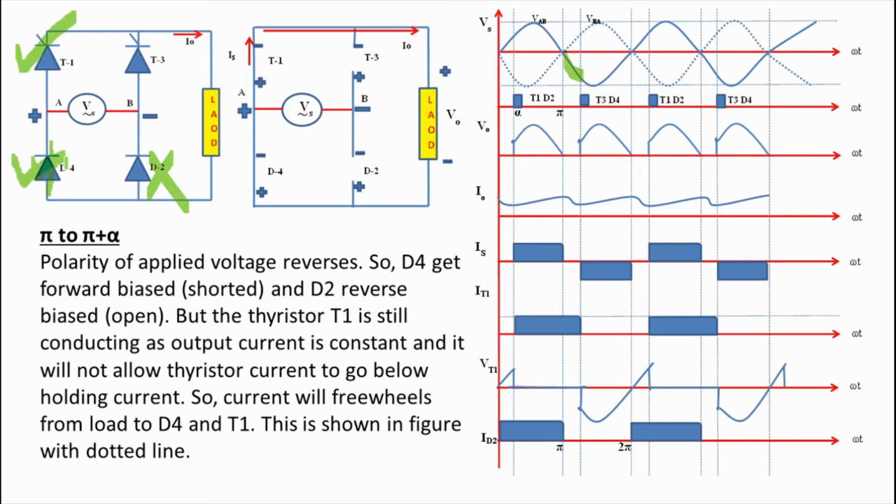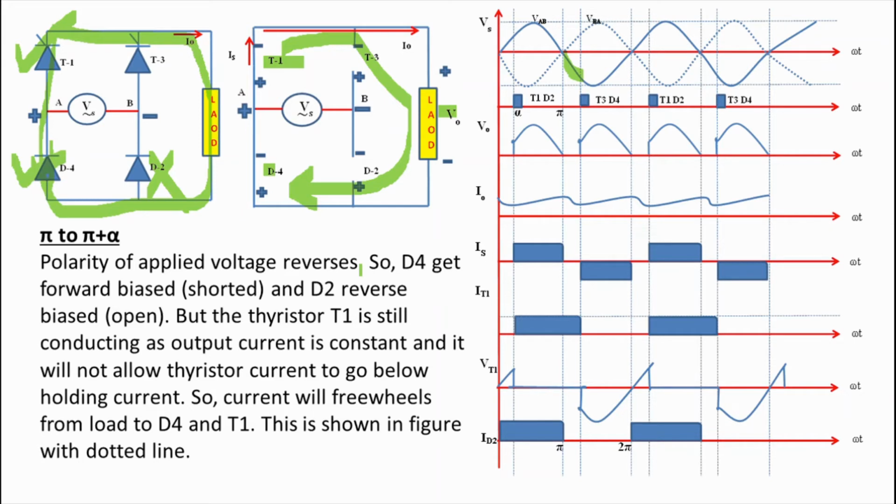It is because due to constant current I0, which keeps the current in thyristor T1 above holding current. That's why the thyristor T1 will continue to conduct. So we get current from D4 to T1 to V0. Okay. So current free wheels in this loop containing D4, T1 and V0.